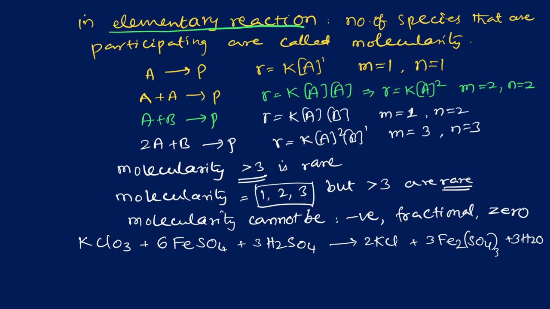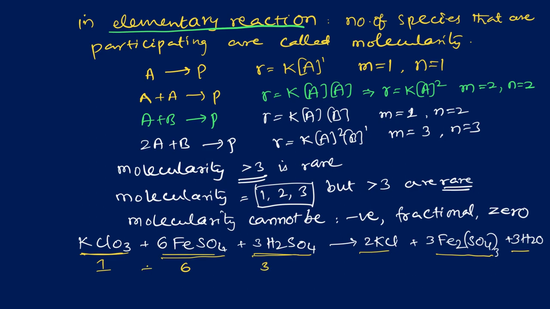Now, KClO3 plus 6 FeSO4 plus 3 H2SO4 gives 2 KCl plus 3 Fe2(SO4)3 plus 3 H2O. In this reaction, the reactants are KClO3, FeSO4 and H2SO4. In total, how many molecules are there? Here 1, here 6, here 3.